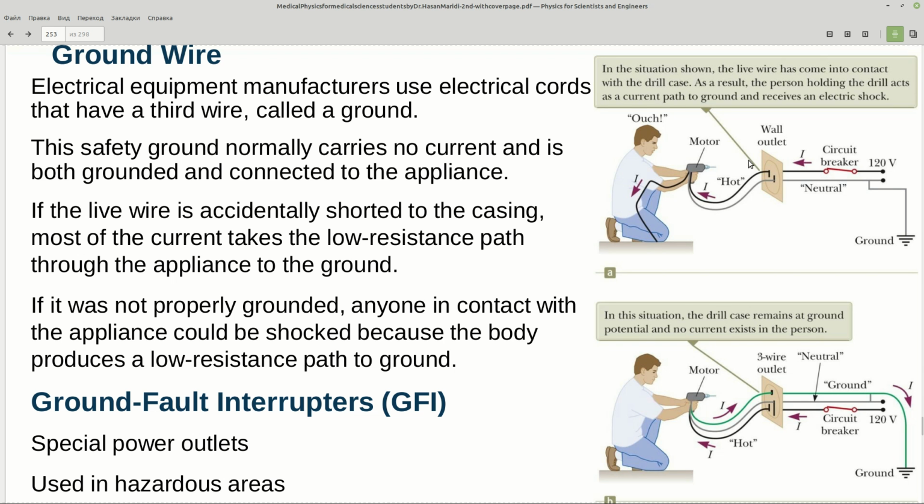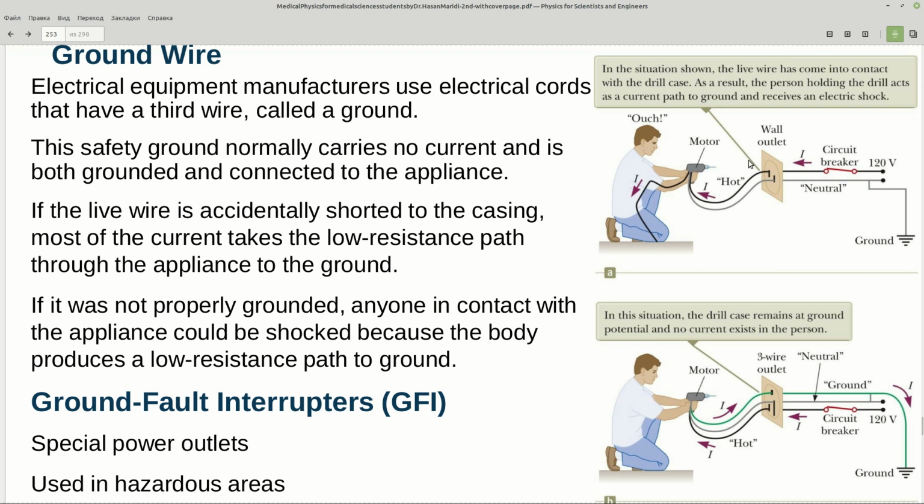The lowest resistance path is going through the ground wire. That's why we need this properly grounded wire. If it is not properly grounded, everyone in contact with the appliance could be shocked because the body produces a low resistance path to ground.